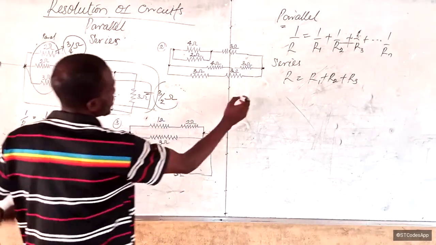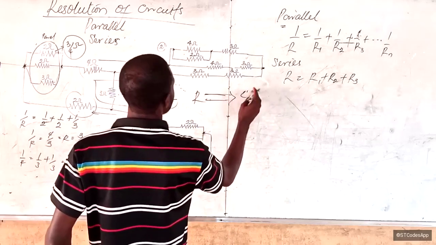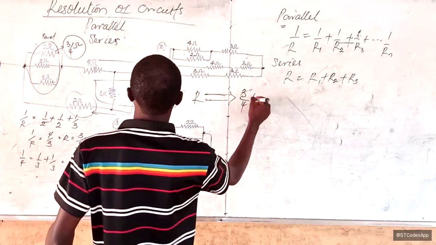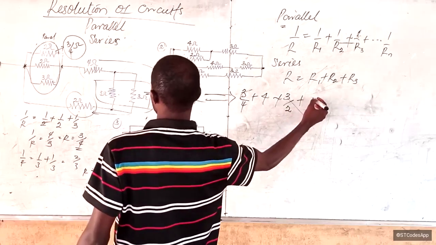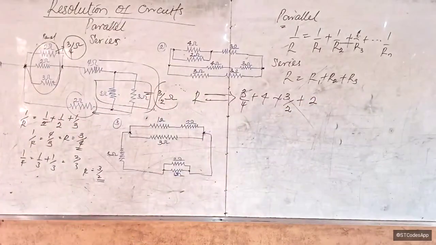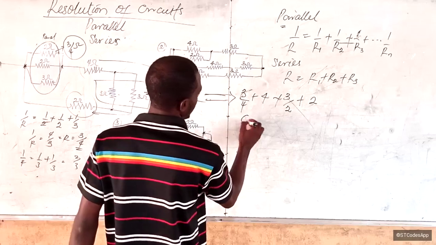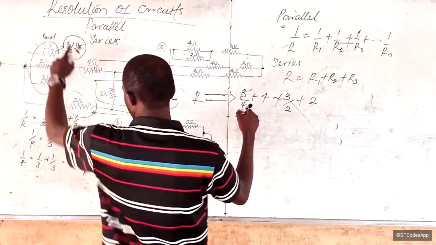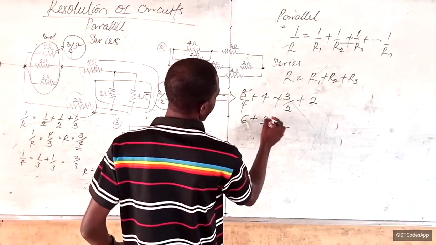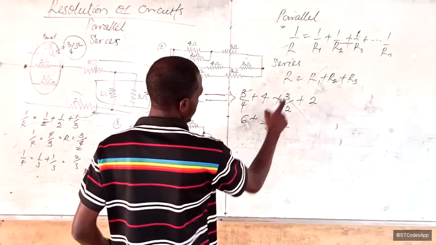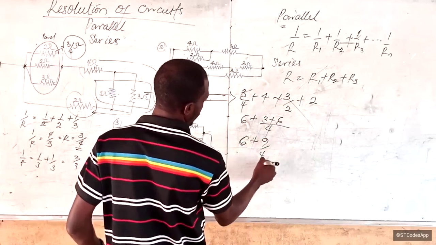So R will now be equal to 3 over 4 ohms plus 4 ohms plus 3 over 2 ohms plus 2 ohms. Friends, you can see this was the 6. So 6 plus this 3 over 4, right? The LCM is 4, so 3 plus 6, that's 9 over 4.